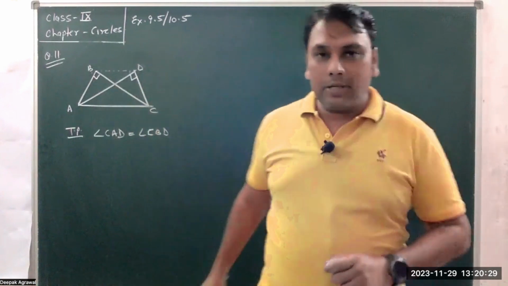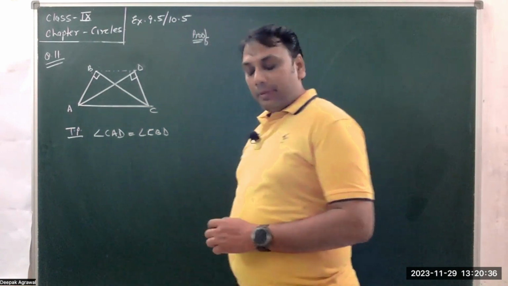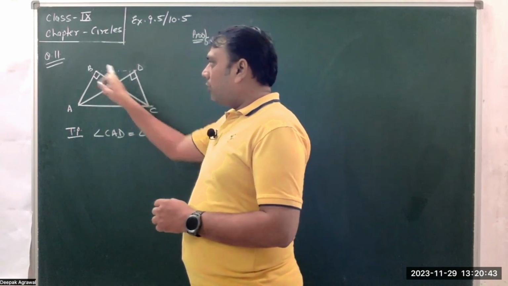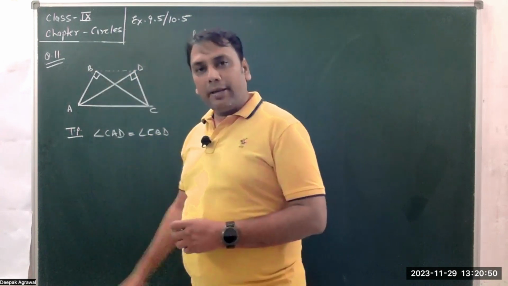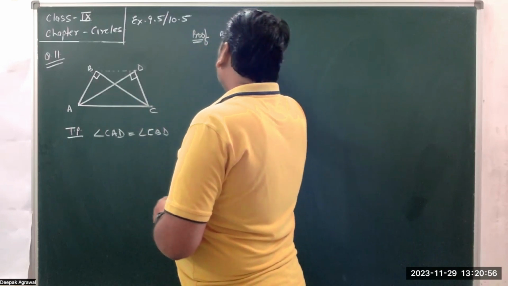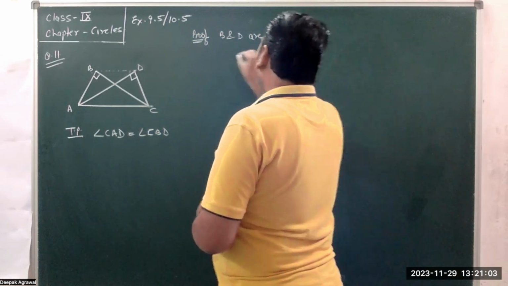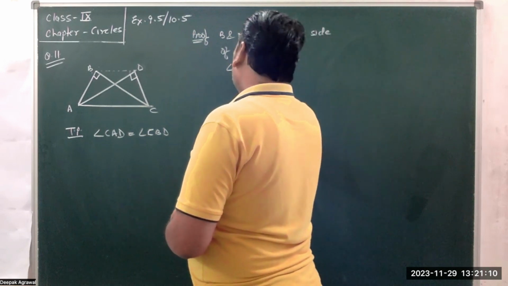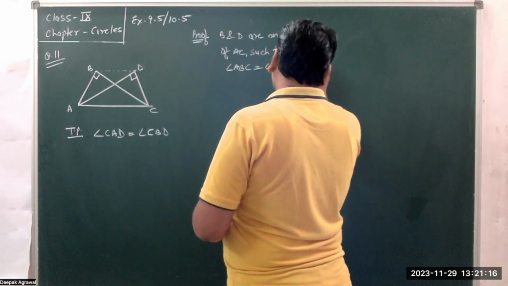Now, how to prove this question? It is simple, but based on a theorem, that is 9.10. What was the theorem? If a line subtends equal angles on two points on the same side of it, अगर कोई लाइन अपने एक ही तरफ दो पॉइंट्स पर इक्वल एंगल बनाए तो ये चारों पॉइंट्स कॉन्साइक्लिक होते हैं. So B and D are on the same side of AC such that angle ABC is equal to angle ADC, and this is given equal to 90 degrees.